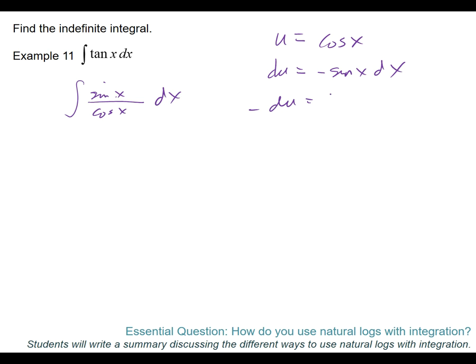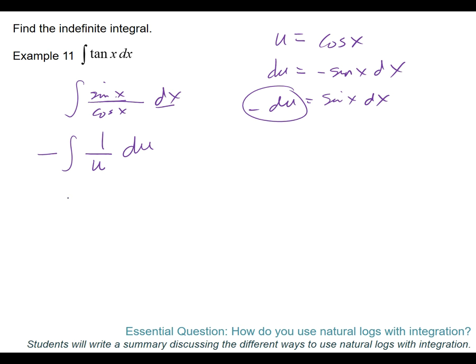The negative. Yes. Alright, what's going in for cosine? u. Alright, and then for sine x dx, we're putting in negative du.